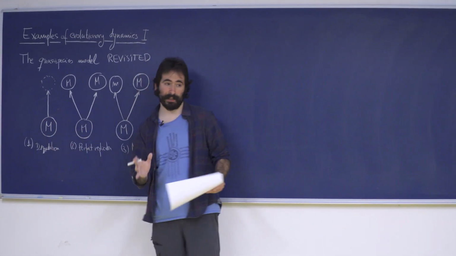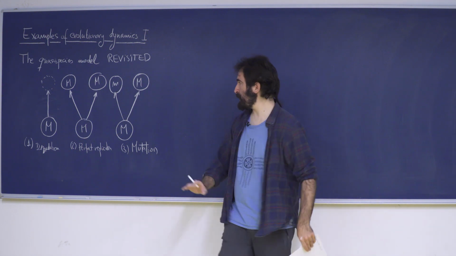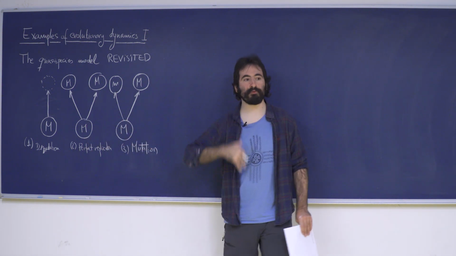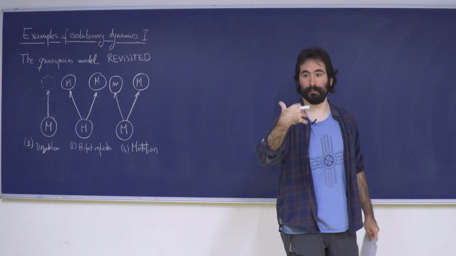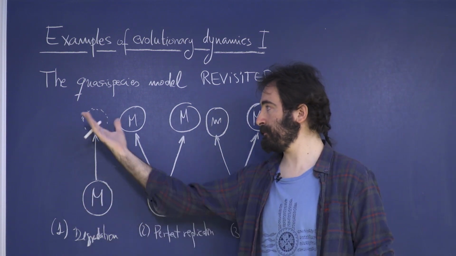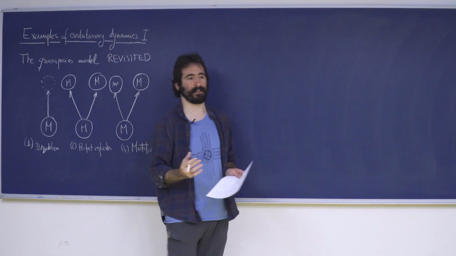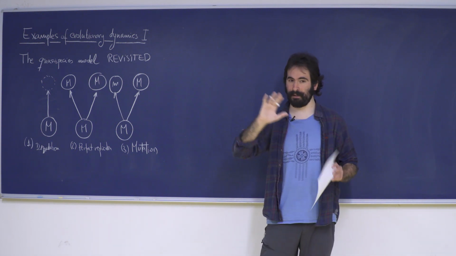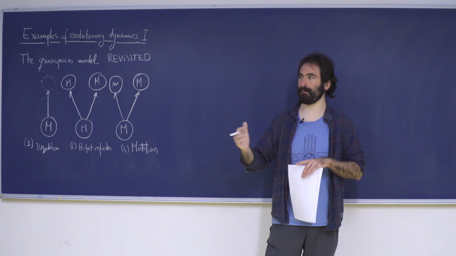Imagine that we had a master sequence, our beloved master sequence, and there are three possible things that can happen to it as it replicates and as time moves onwards in this evolutionary process. The first thing that could happen is that it degrades, right? So it basically disappears from the system. How could this even happen? Well, from our system before, this is not the same instance, but we can trace parallels.